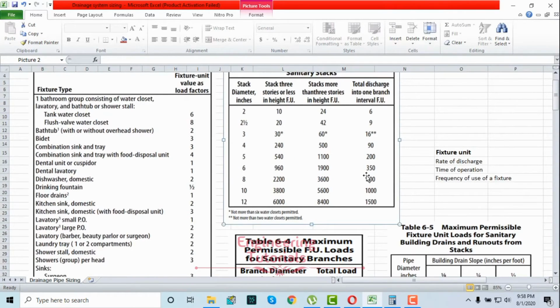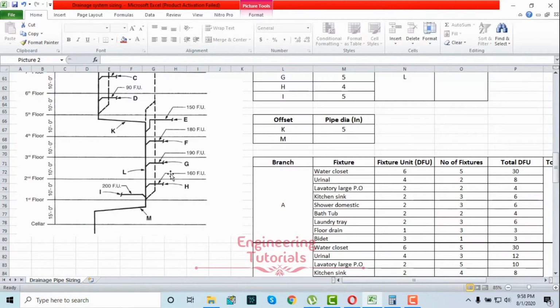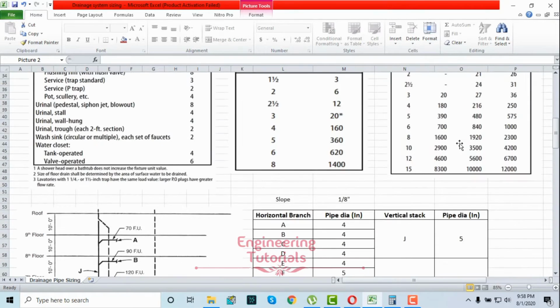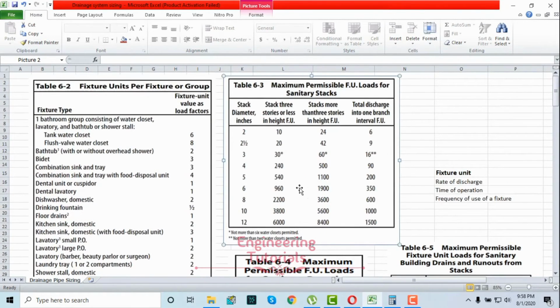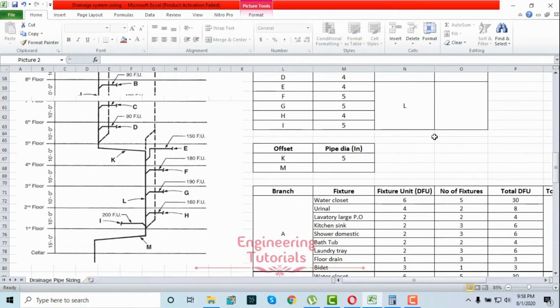So this condition is satisfied, that the total discharge in each branch interval is less than 300 fixture units. We have a maximum of 200 fixture units. So this condition is satisfied, and we can easily use this 6-inch pipe size for vertical stack L.